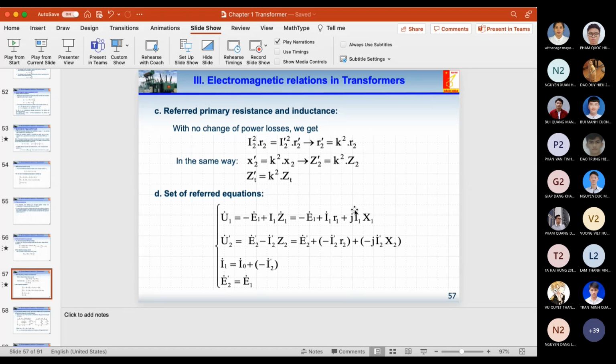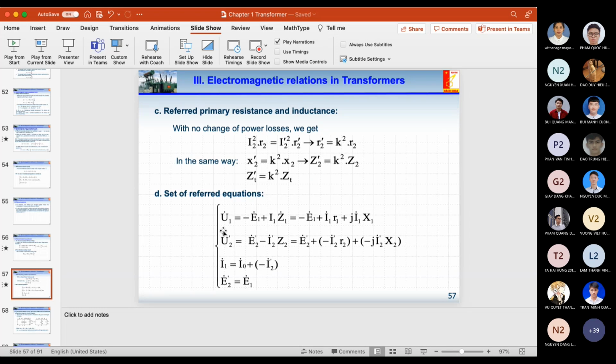In this set of reference equations, for the primary voltage balance equation we keep the same. We only do conversion from the voltage balance equation of the secondary winding into the primary winding. And for that you can see something changed in the secondary voltage balance equation here.